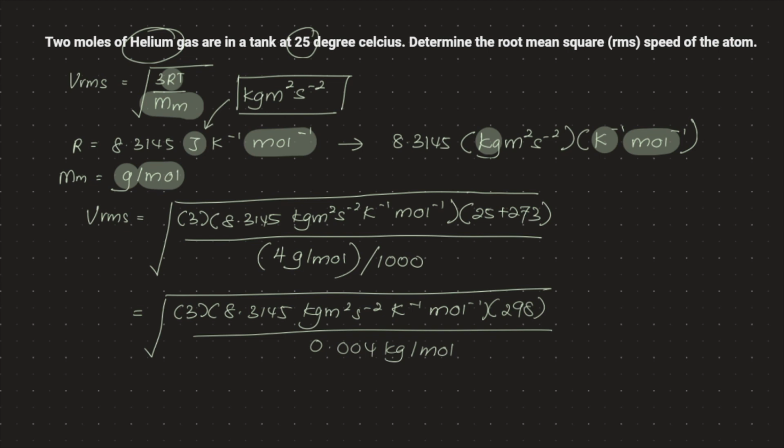From here you will get a kilogram, here you will put kilogram, and the temperature here is Kelvin, so here you have per Kelvin as well. Because the mole is down here, you can cancel out the mole as well. So you will end up with the unit of meter square per second as your speed.